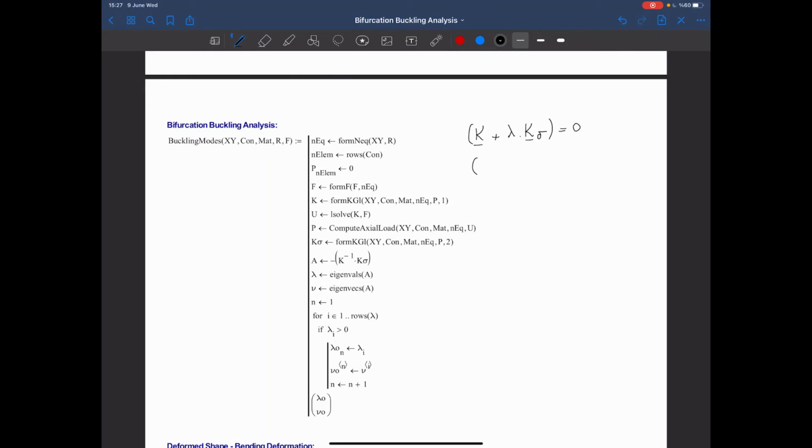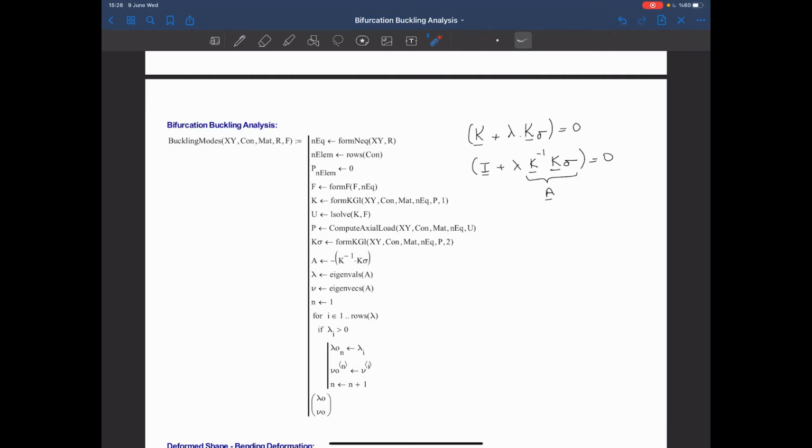So we can rewrite it as follows: identity matrix times lambda plus K inverse times K sigma must be equal to 0, and this is our A matrix. I'm multiplying it with minus so that we will get the positive eigenvalues as the scale factors.